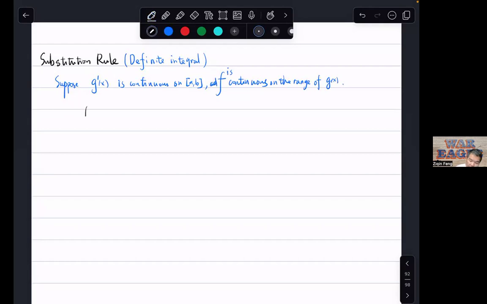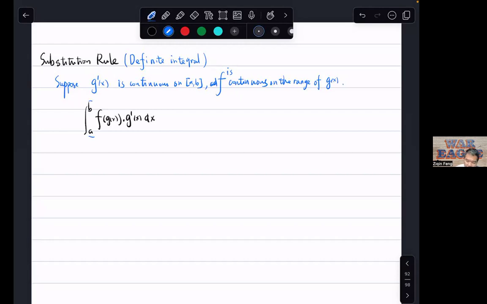So if you have the integral from a to b of f of g of x times g prime of x dx, this might look very bad if your inner function is complicated. So remember the meaning of this lower bound and upper bound. That's the lower bound and upper bound of x, right? x is changing from a to b.